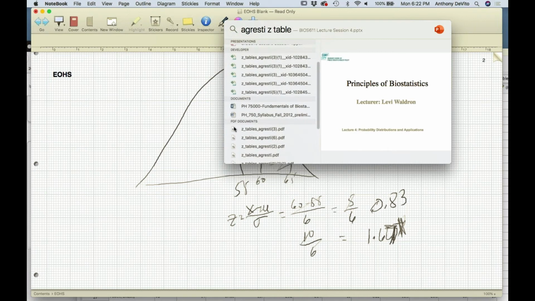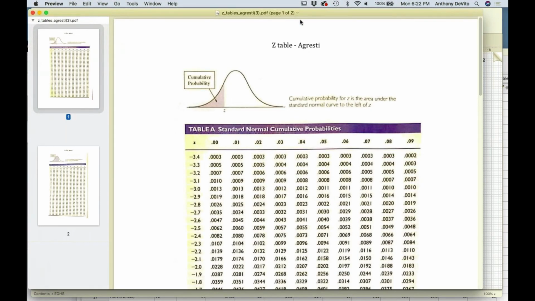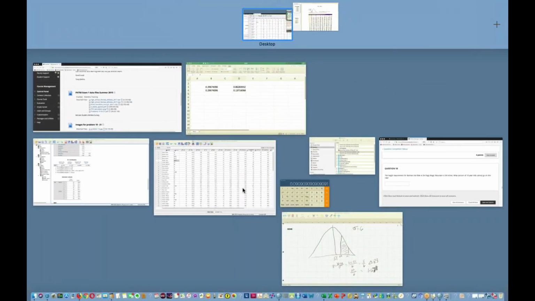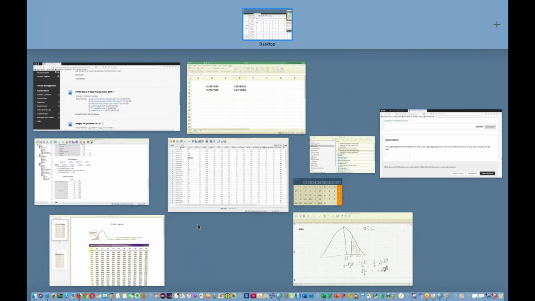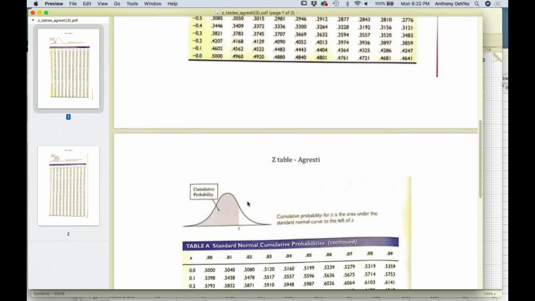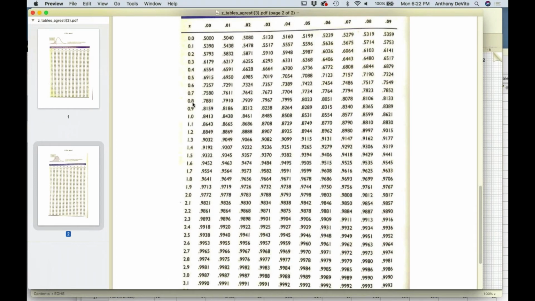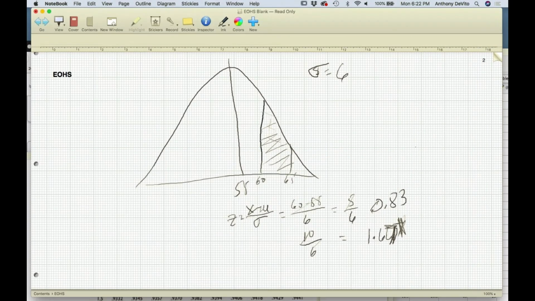Okay. And for a z-score of positive 0.83, where'd it go? Come on, come back. Positive 0.83, that's 0.7967. So the area from here down is 0.7967.